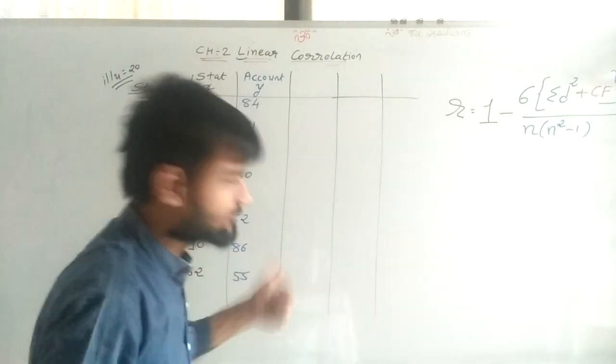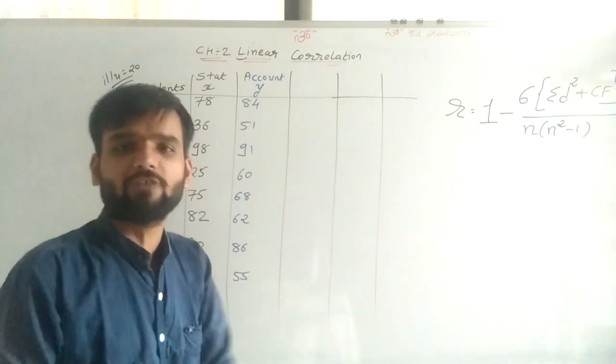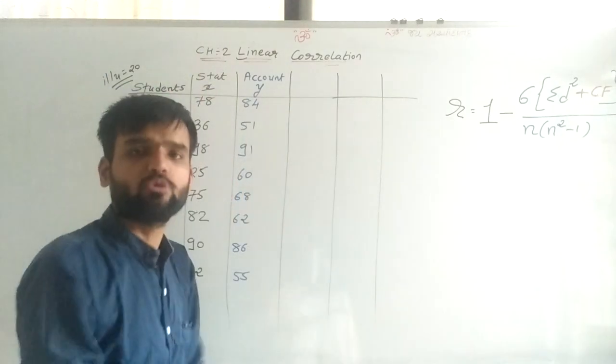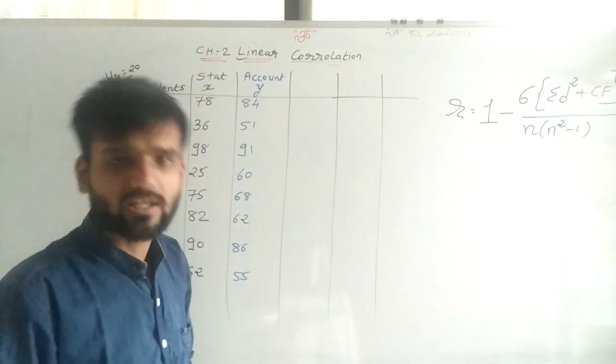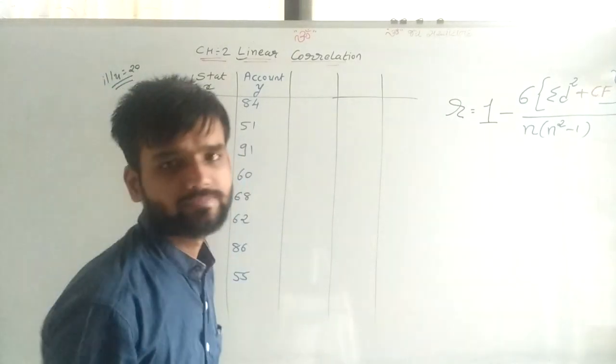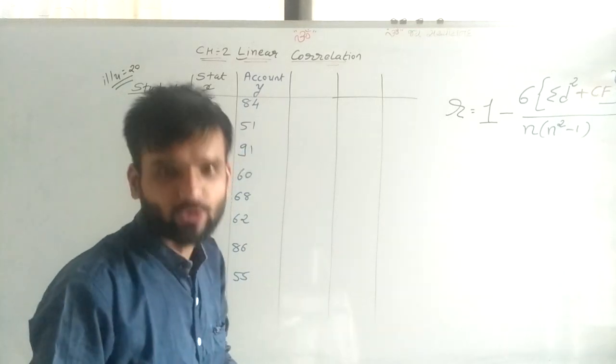But I have selected here the type of sum in which ranks are not given. First of all, give ranks, then find the difference, so that you can understand the whole sum easily. And generally this type of sum is asked in the examination for 3 marks only. Only for 3 marks, but 3 marks is also important.